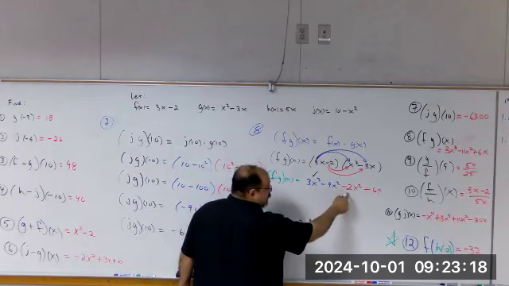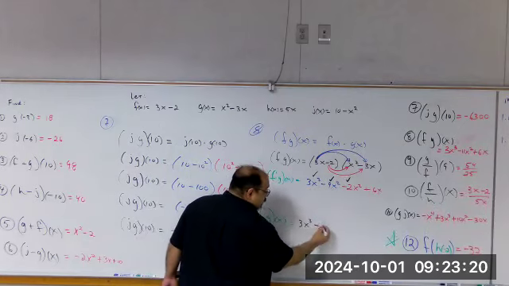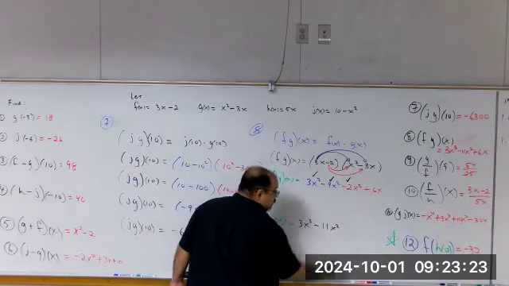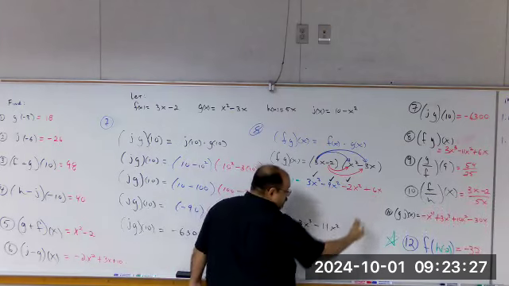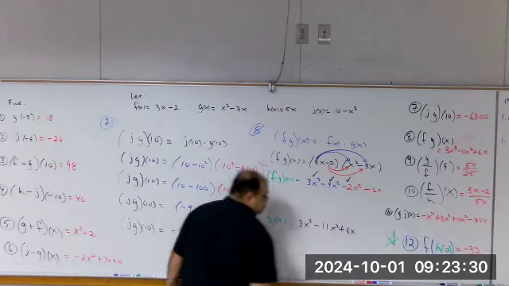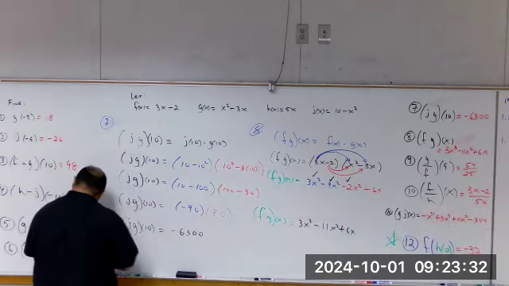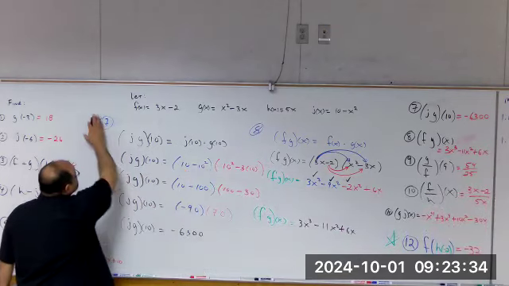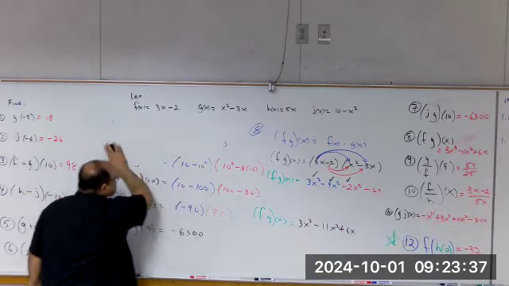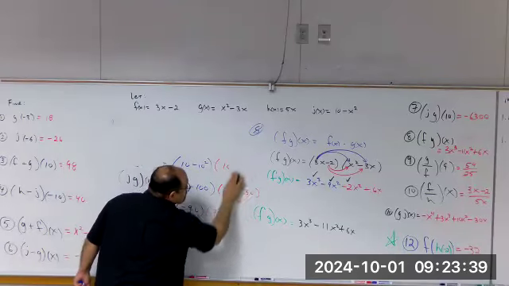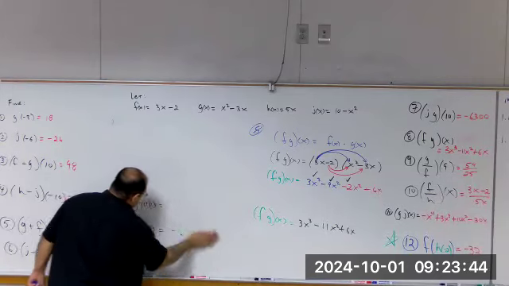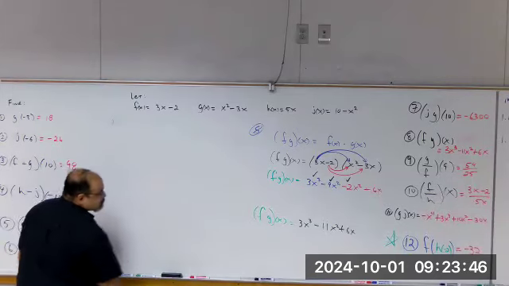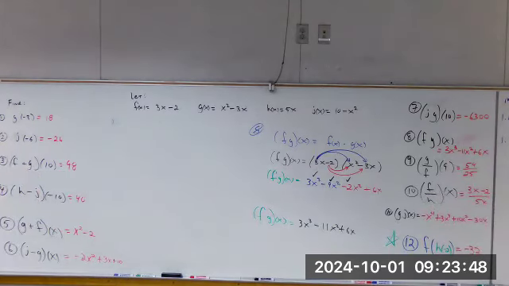So negative 9 and then negative 2 make negative 11x to the second. And the last one is a plus 6x. Substitute and simplify.